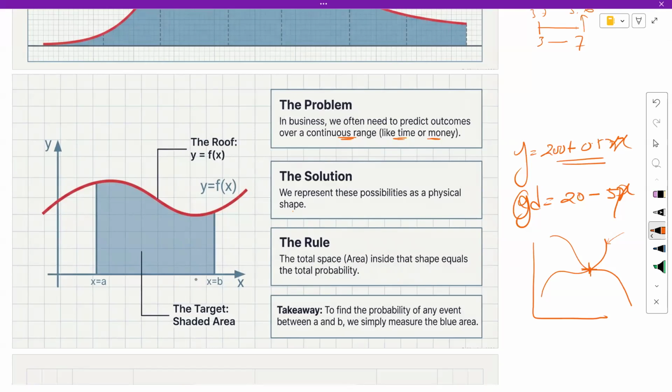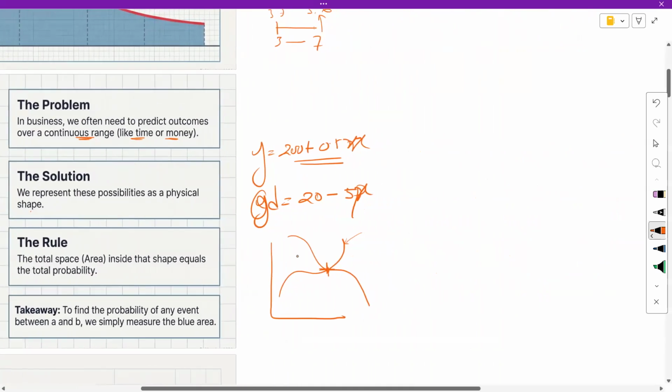For example, we take a demand curve, and ask how much demand there is between, say, a price of 2 rupees and 5 rupees. What's the demand? This is the area under the curve. Likewise, in probability distribution, we will find the probability.